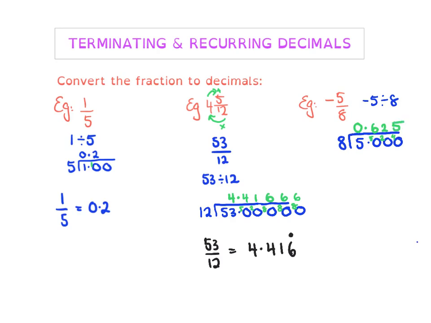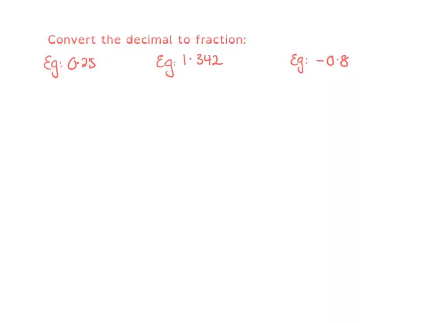So now I know if I write -5 over 8 is the same as, and I'm going to remember that it's a negative, as -0.625.